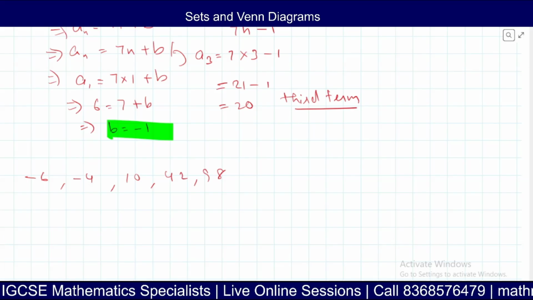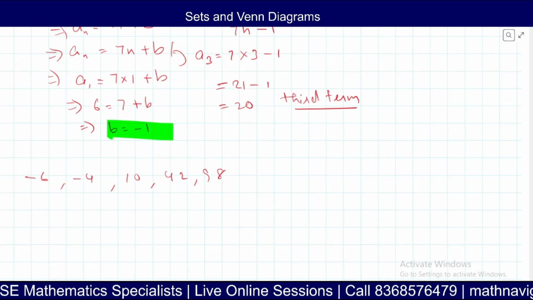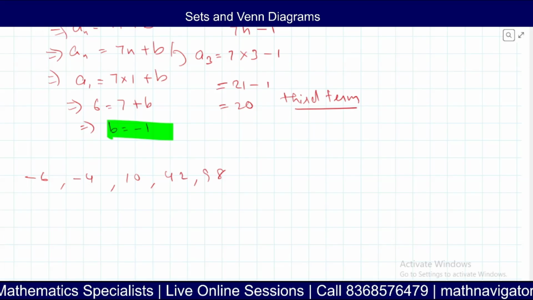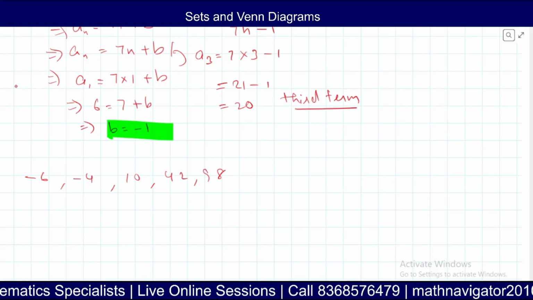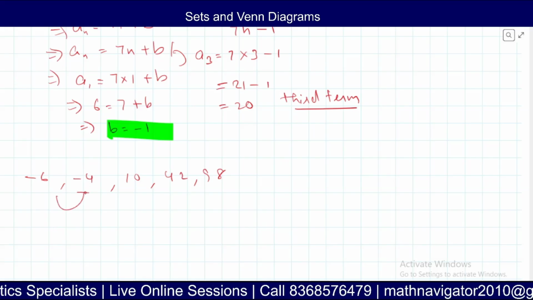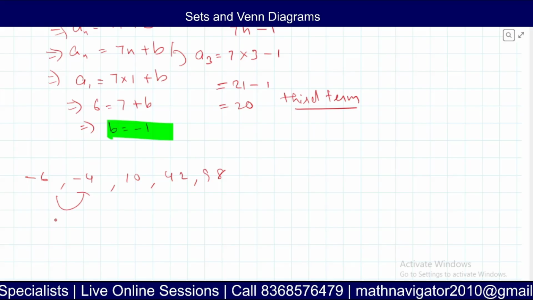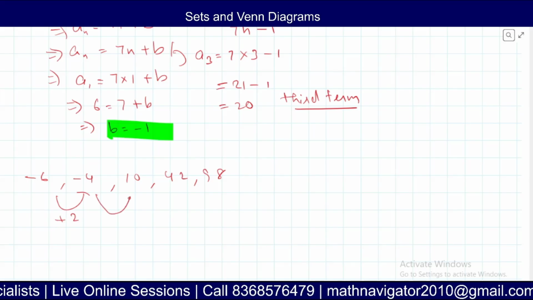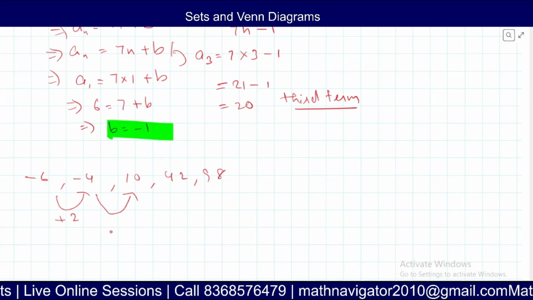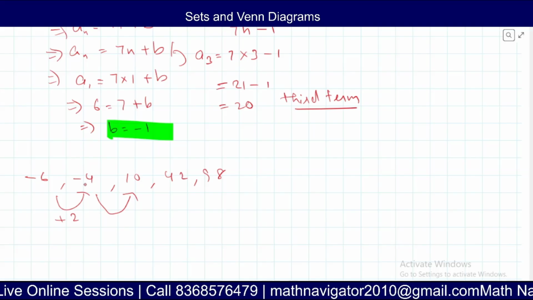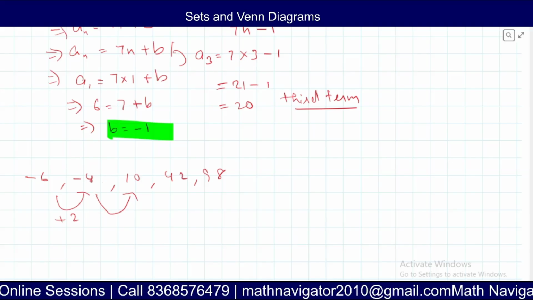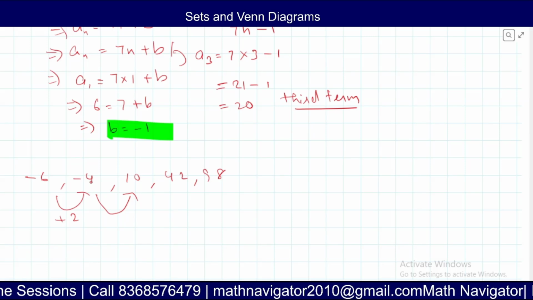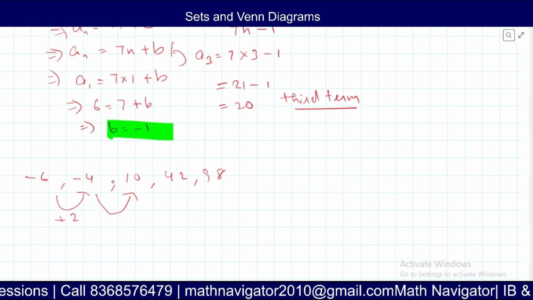So if we see the common difference, that means I'm adding something so that I can get the next term. So I will add here 2. But here, what should I add? Minus 4 plus 14, right?